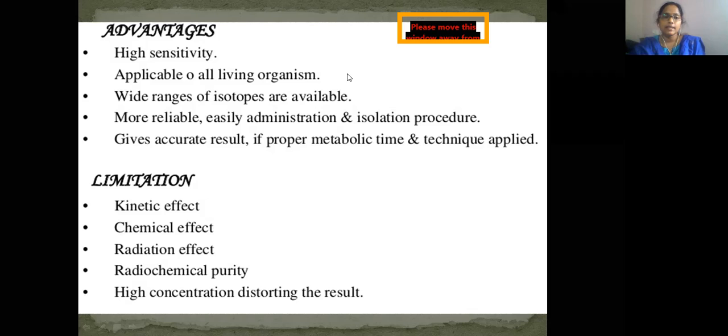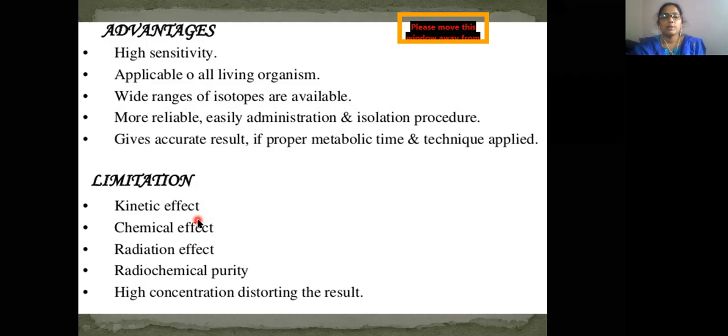The next advantage is that it gives accurate results if proper metabolic time and technique are applied. So these are the advantages. Coming to the limitations or disadvantages, there will be kinetic effect, chemical effect, radiation effect, and the issue of radiochemical purity.